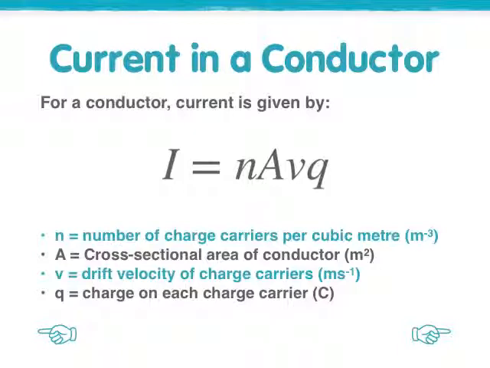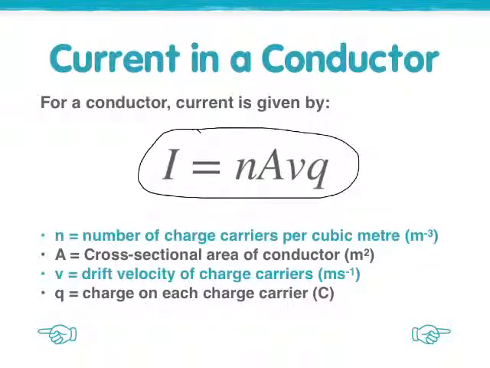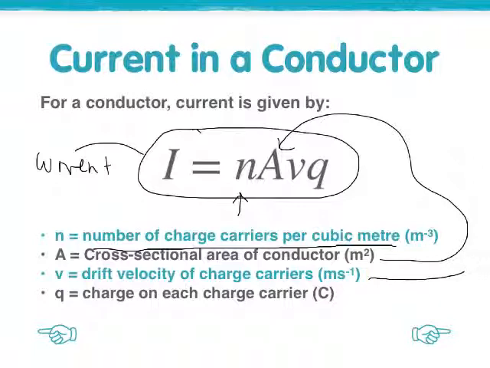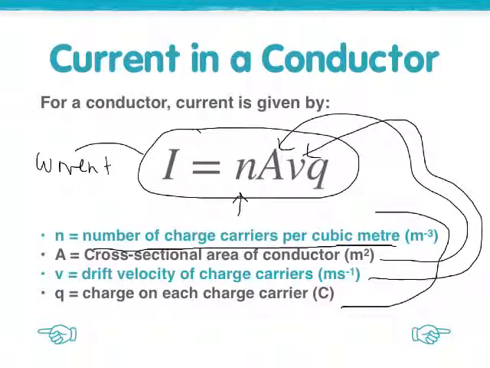We can work out the current from the drift velocity using this relationship, where current, I, equals the number of charge carriers, so how many per meter cubed, times the cross-sectional area of the conductor, A, the drift velocity, which is v, and the charge on each carrier, q.